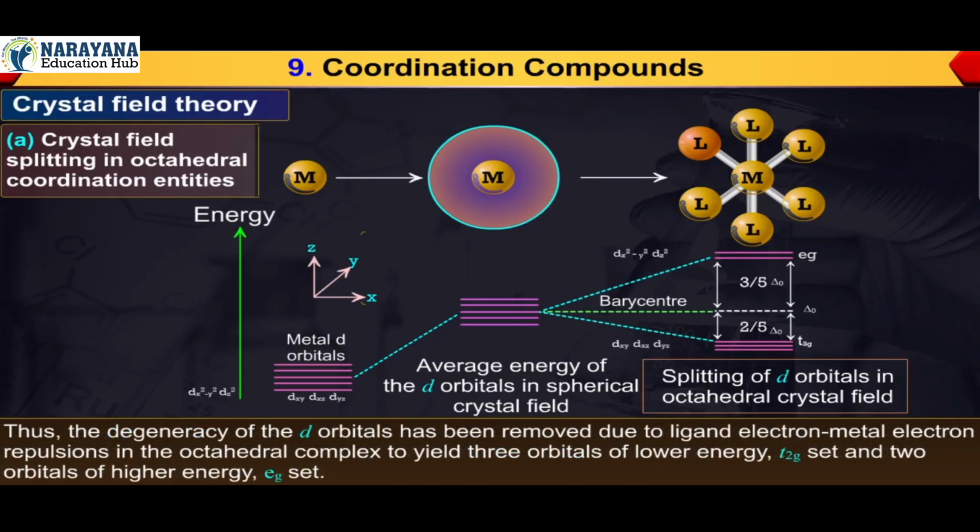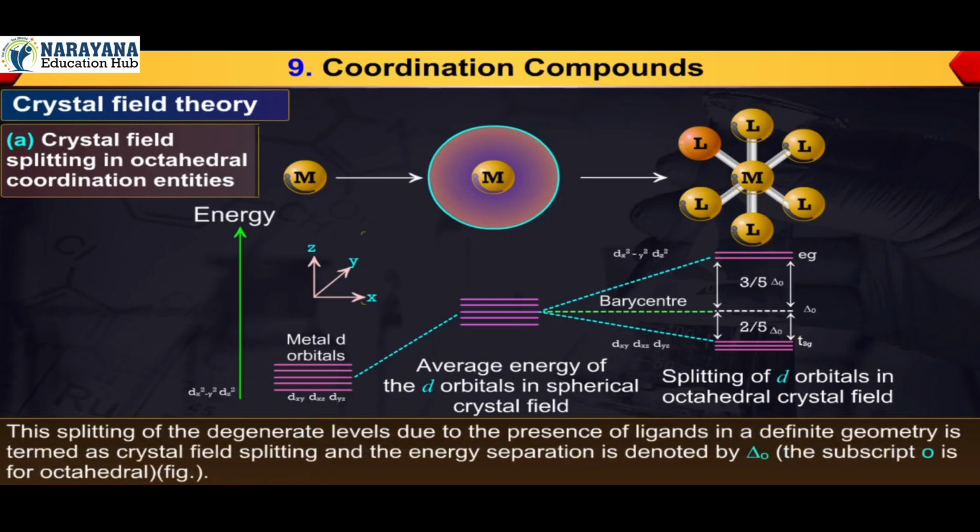Thus, the degeneracy of the d orbitals has been removed due to ligand electron-metal electron repulsions in the octahedral complex to yield 3 orbitals of lower energy, the t2g set, and 2 orbitals of higher energy, the eg set.